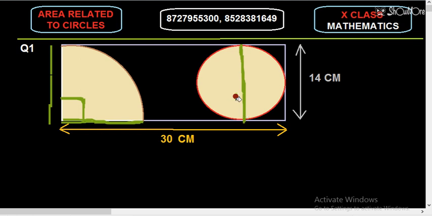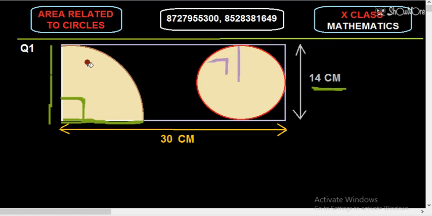So here you can observe that if this side is 14 centimeter, then you can easily observe that the radius of this circle is 7, half of 14, because 14 is the diameter for this circle.